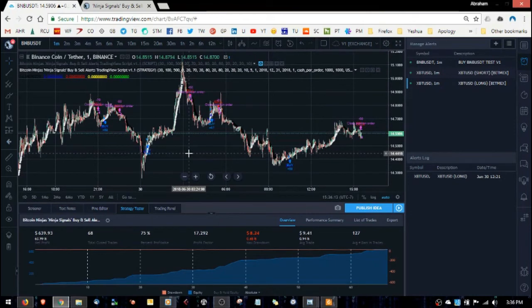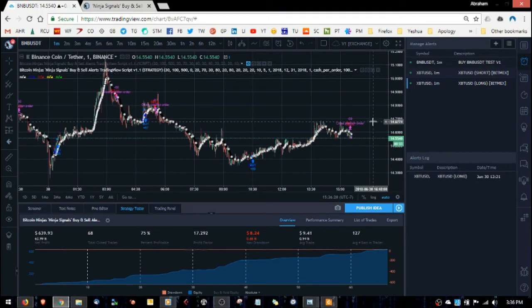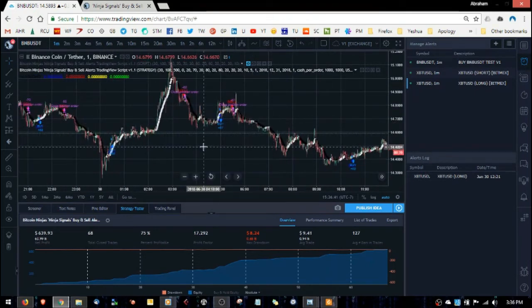Buy alerts can double as long alerts, and sell alerts can double as short alerts, which also helps for margin trading. For margin traders, it's important to mention that our buy alerts will double as place a long and close a short alert, and the sell alerts will double as open a sell position and close the long position alert.